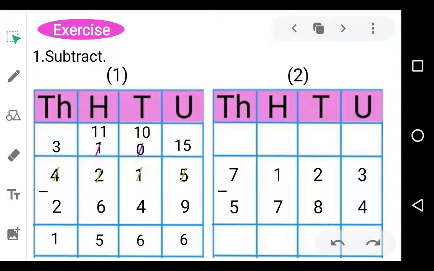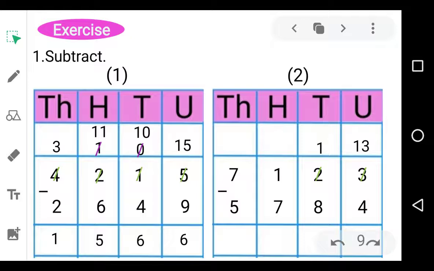Next one is, here the numbers are given, 7123 and 5784. Here we have to subtract 5784 from 7123. So see at the unit place, here we have to subtract 4 from 3, but we cannot subtract 4 from 3. So borrow 1 from the tens place. At the tens place 2 will be 1, and at the unit place 3 will be 13. Now 13 minus 4 is 9. At the tens place again we cannot subtract 8 from 1.